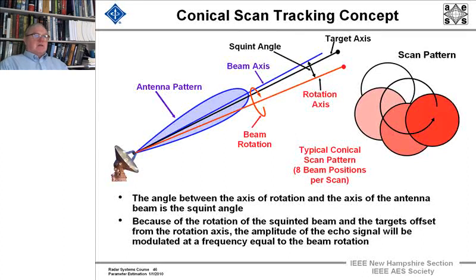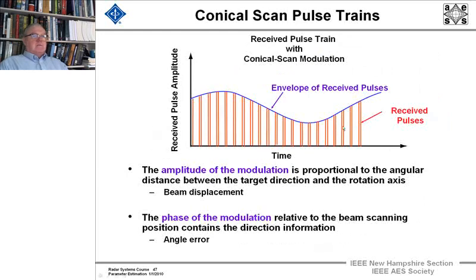Now let's see what that looks like right here. We have these different pulses, and here's the received signal amplitude, and this is its time. And this is the envelope of the received pulses. What we're looking at is the received pulse train with the conical scan modulation, and the amplitude of the modulation, this amplitude peak to valley, is proportional to the angular distance between the target direction and the rotation axis.